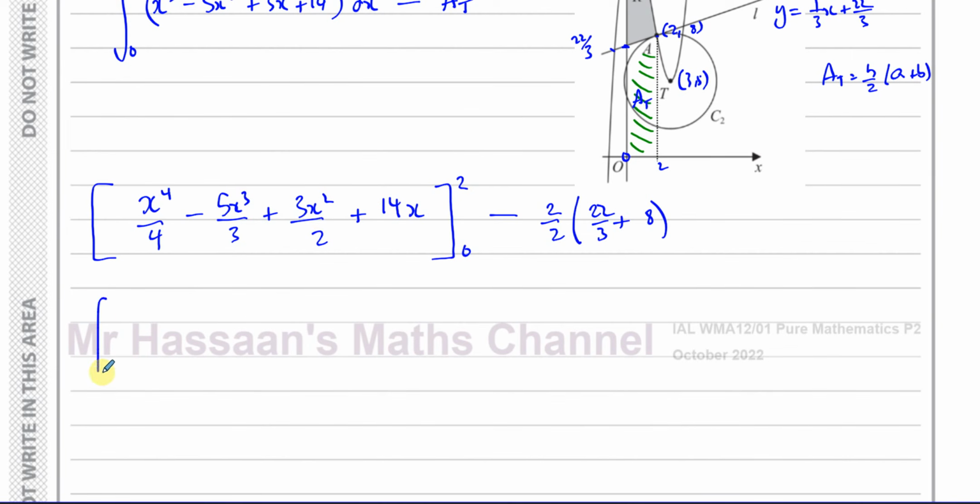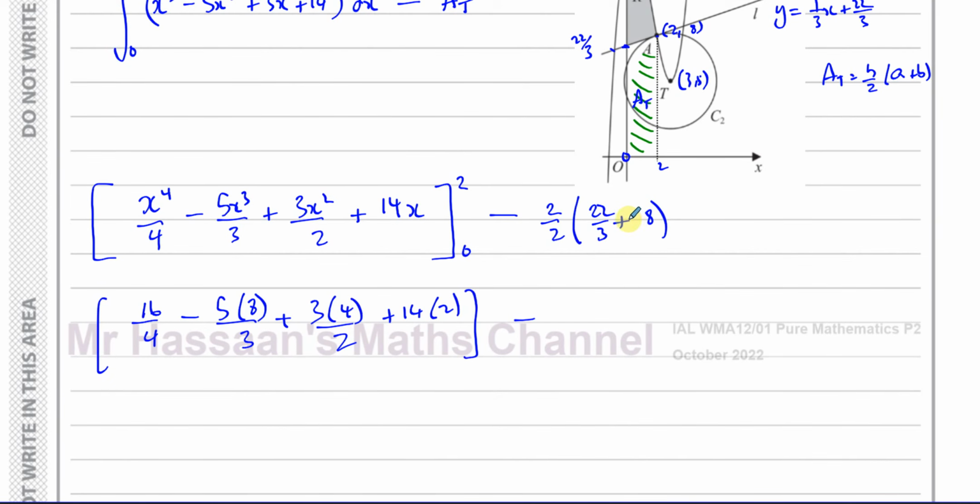So I'm going to have 2 to the power 4, which is 16/4, minus 5 times 2 cubed, which is 8/3, plus 3 times 2 squared, which is 4/2, plus 14 times 2. And I've got to take away from that 22/3 plus 8.